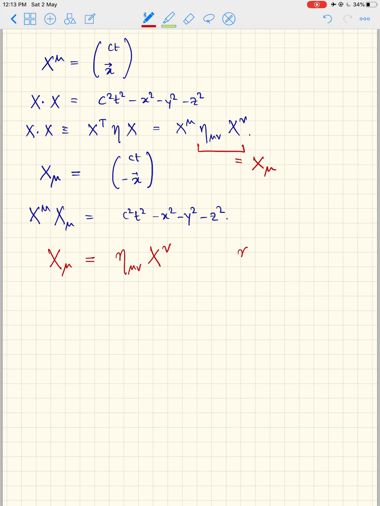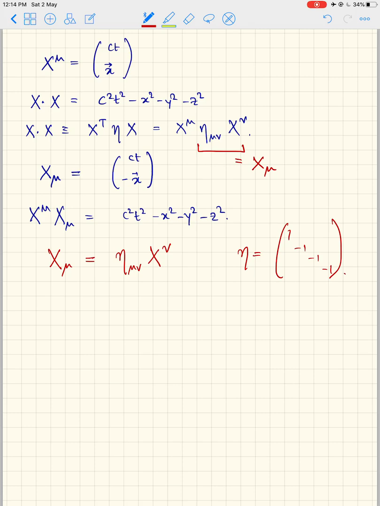So eta, as you remember, is going to be 1, minus 1, minus 1, minus 1. As you can see, if you act eta on this x mu, you end up with something where the spatial vector will change its sign. So we denote it by something which is lower.